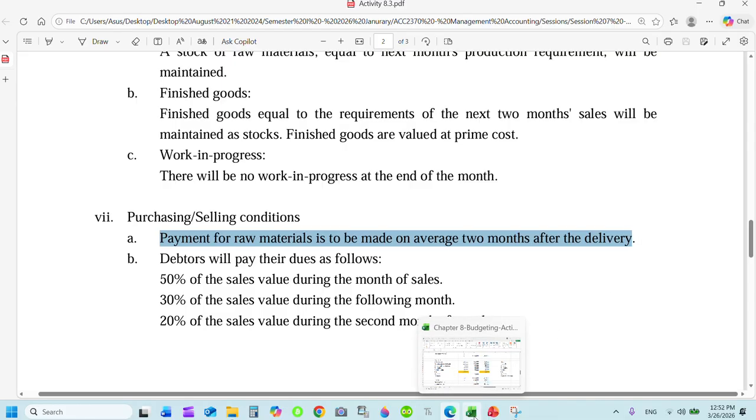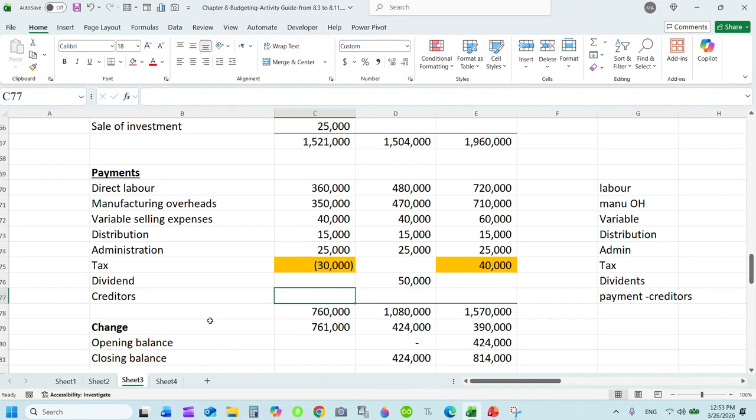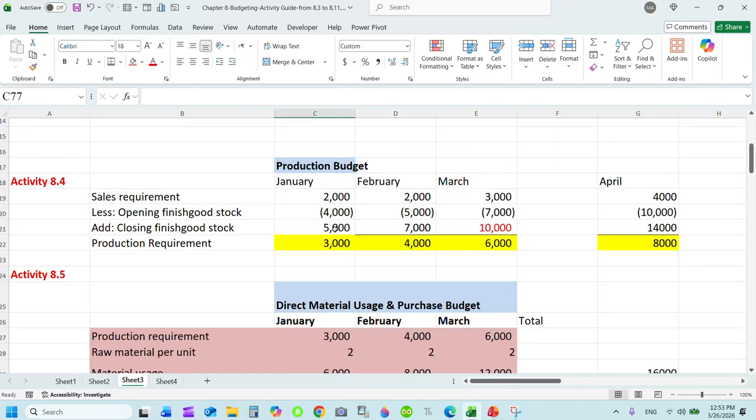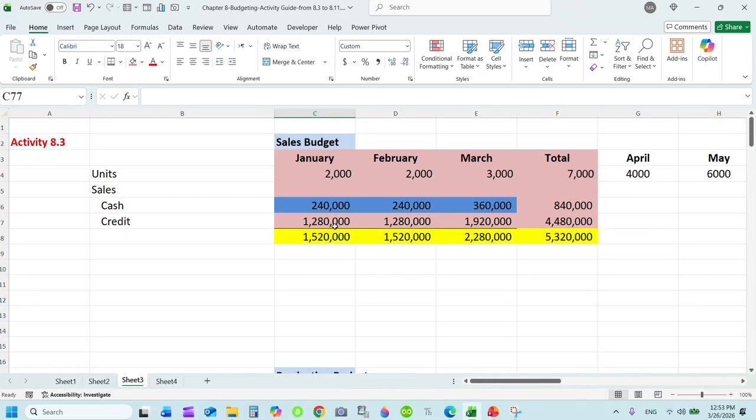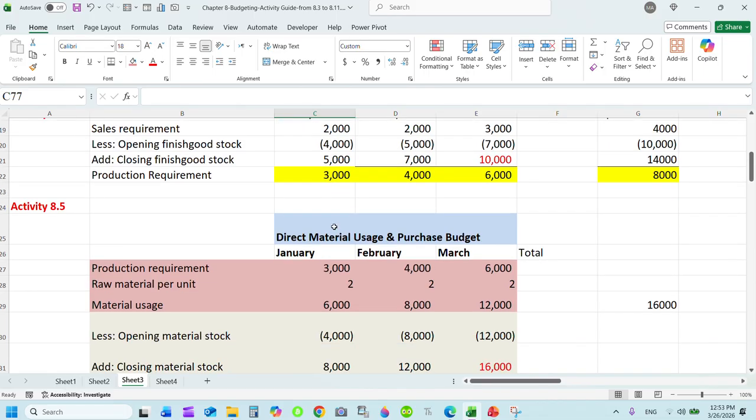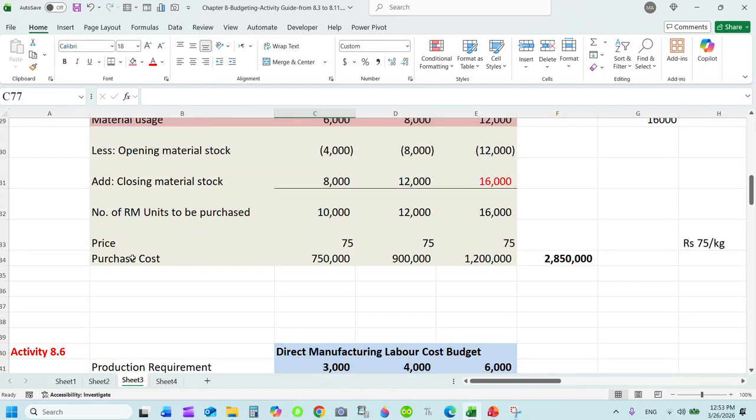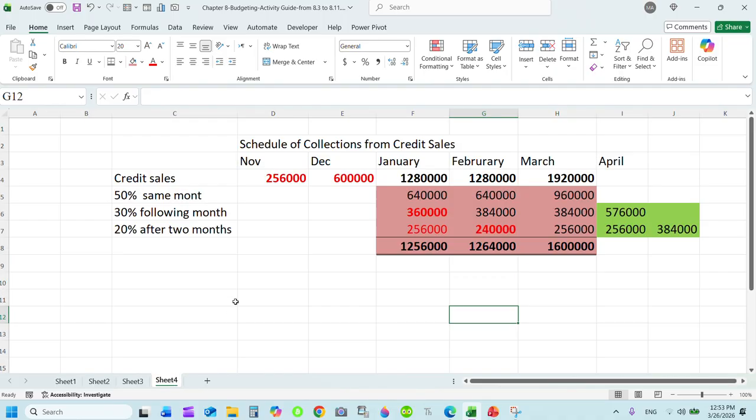So let's see our purchase. There is our purchase budget. This is the sales budget, material usage, and this is our purchase cost budget. These are the purchase budget figures, so let me take this to our calculation.